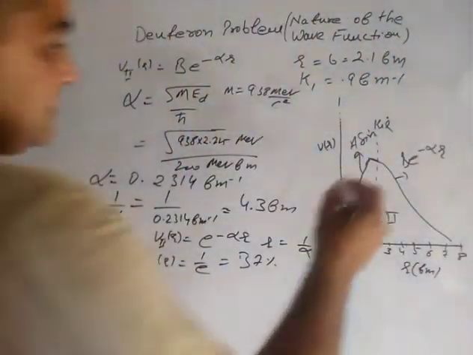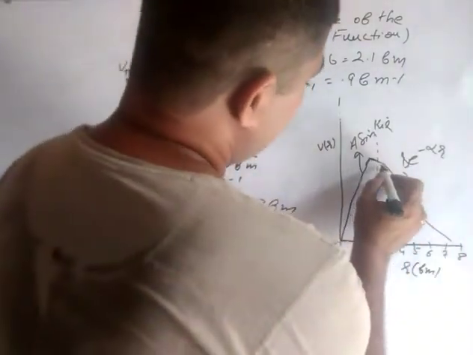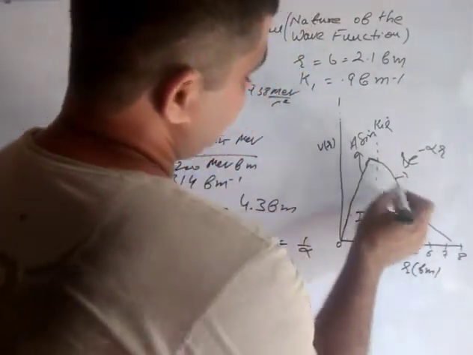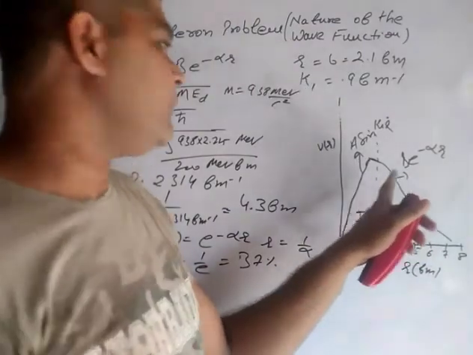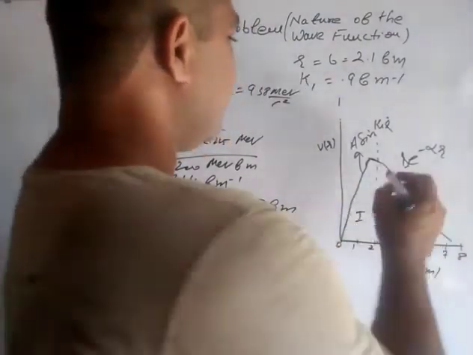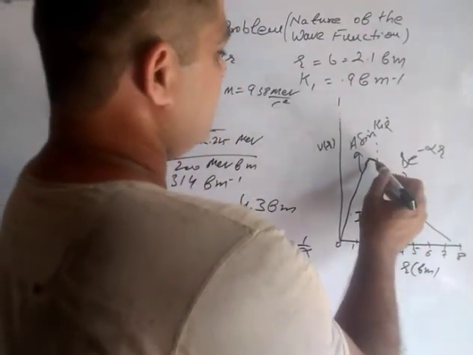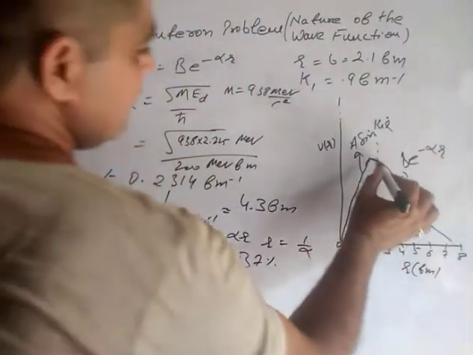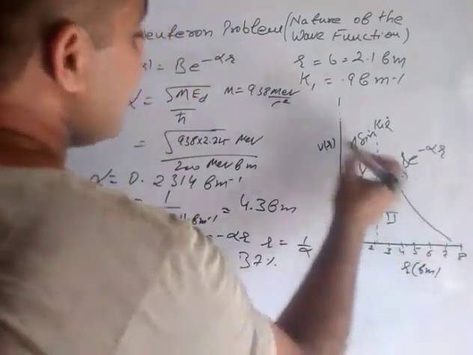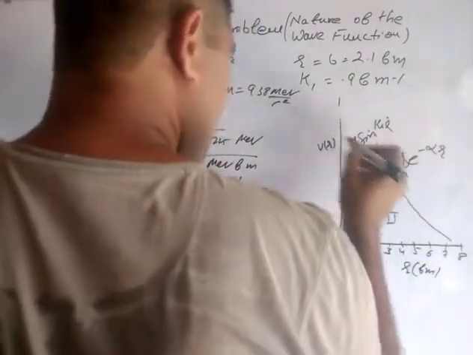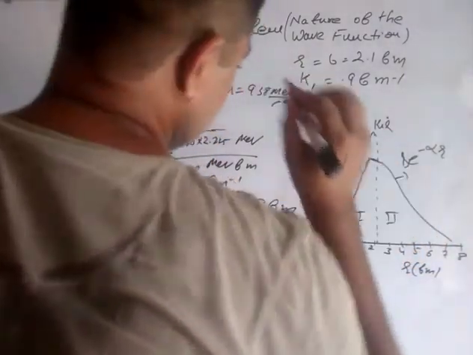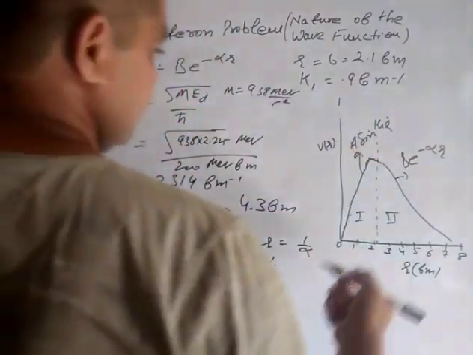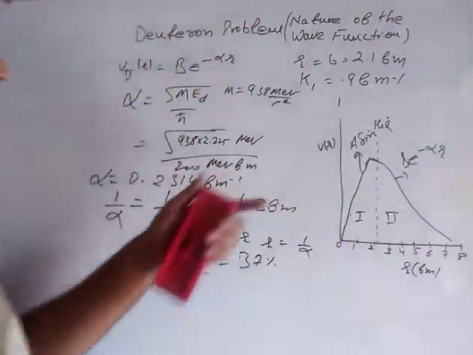The wave function has to be continuous at the boundary. At the boundary, it will only be continuous if you have a negative slope in region 1, because in region 2 you have an exponentially decaying function. Only then will they be continuous at the boundary.